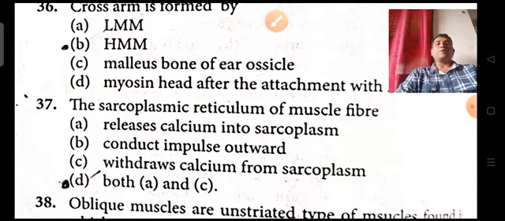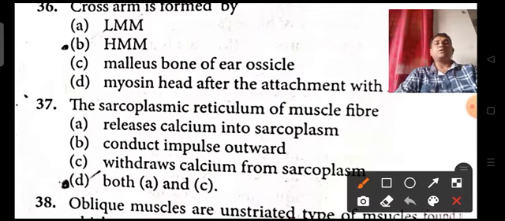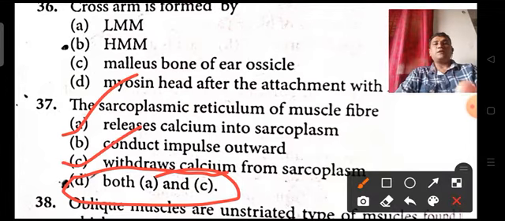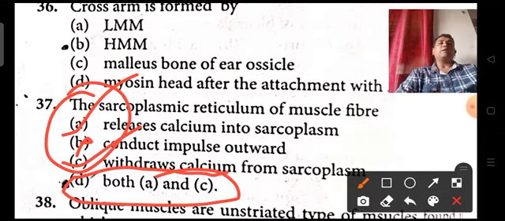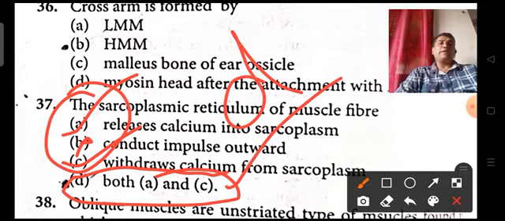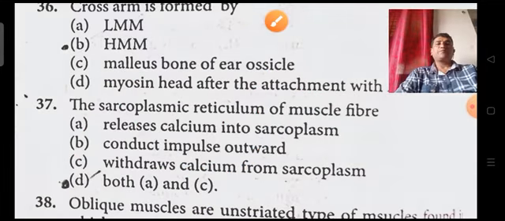Those are the two primary functions. Conducting impulses outward is not its function; that is done by the nervous system. So A and C are right, excluding B, so D option is right.